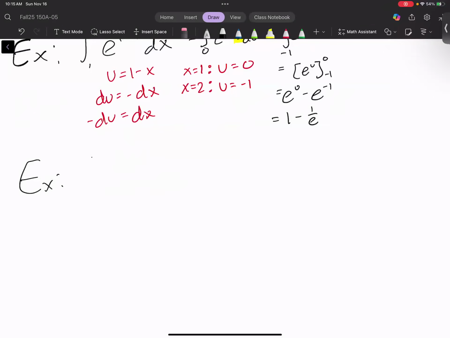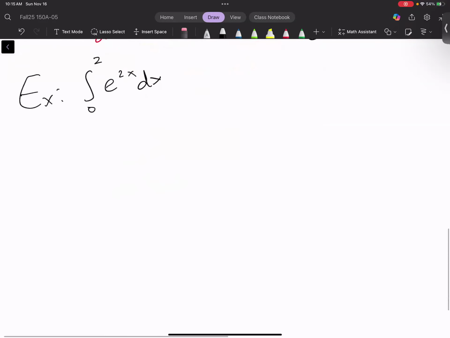Try the integral from 0 to 2 of e to the 2x dx. Again, very similar.